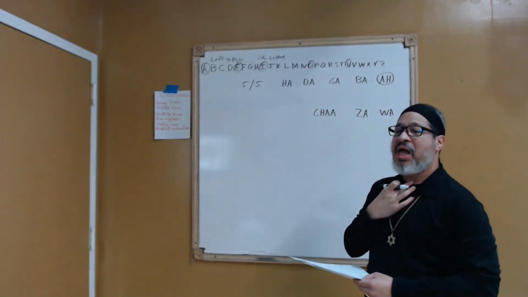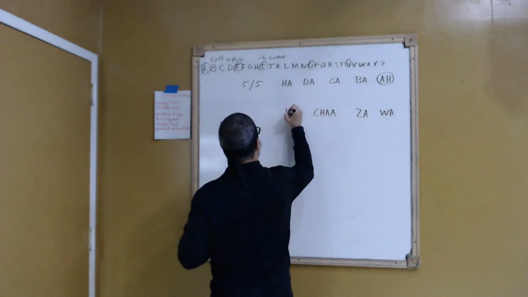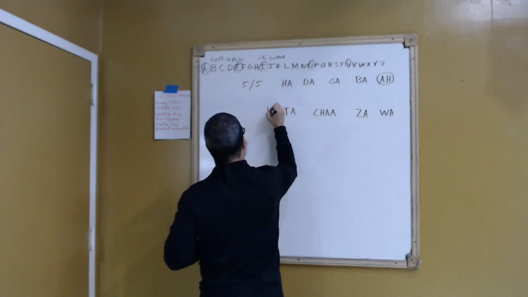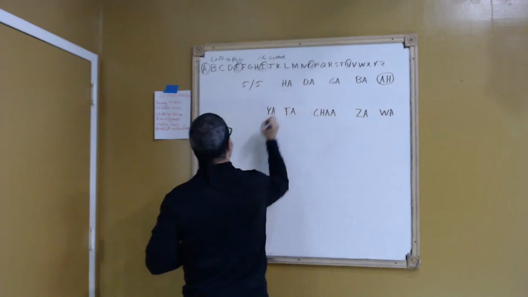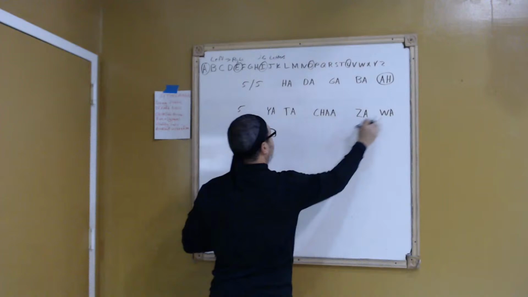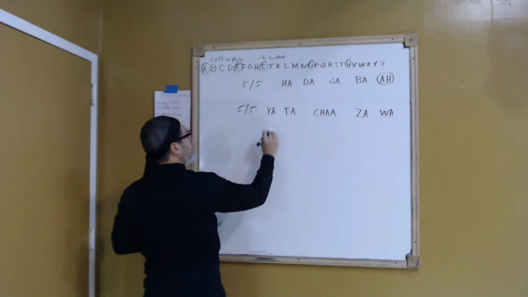Then ta, ya. So we have another 5 letters, 1, 2, 3, 4, 5, and there are also 5 syllables in that.